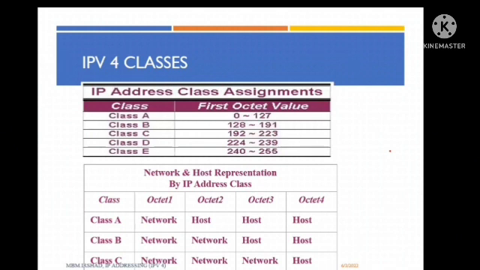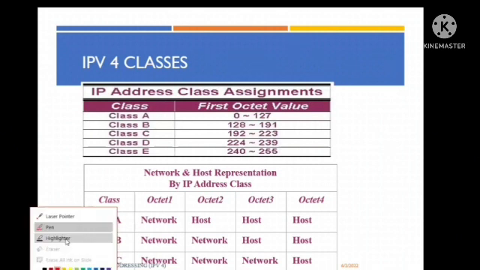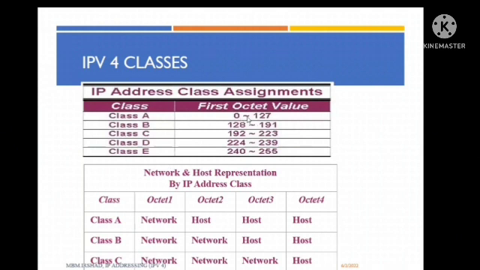The classes are A, B, C, D, E. Class A, Class B, Class C, Class D, Class E. And they have also set up the ranges. For example, if any IP address starts from 0 to 127, this range of IP addresses belongs to class A.